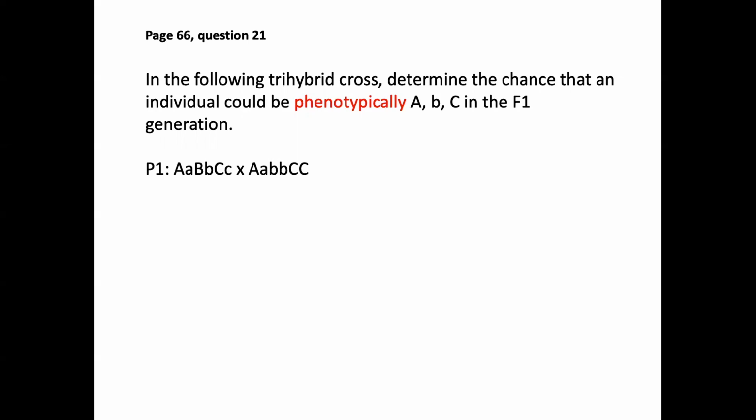All right, same strategy. You calculate the probability of each phenotype separately, and you multiply these to get the overall probability. Okay, showing here is the answer. Multiplying each gene together, this is 3 out of 8.